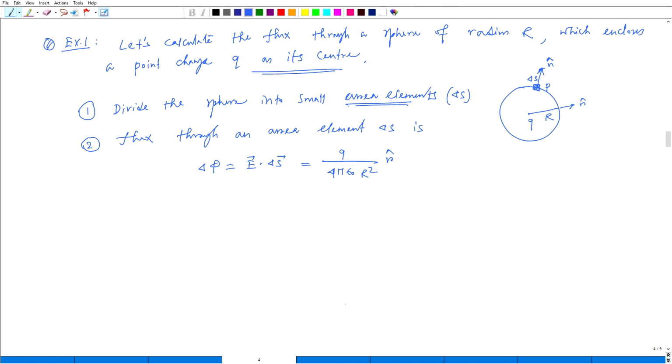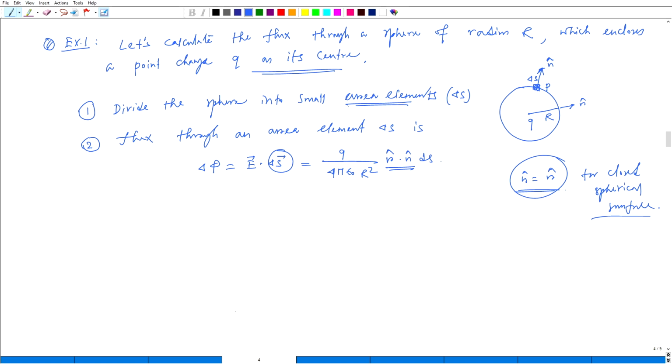The delta S vector, the area vector, is radially outwards, so it is n cap delta S. In this case, for a closed spherical surface, n cap is basically r cap, so r cap dot n cap gives 1.